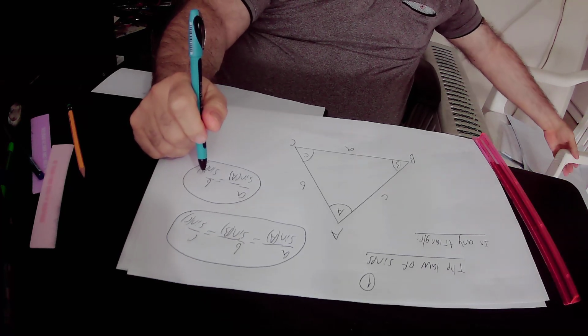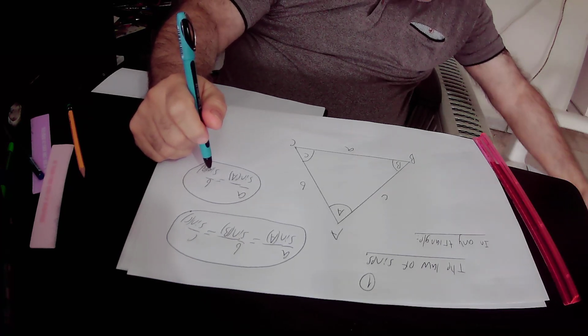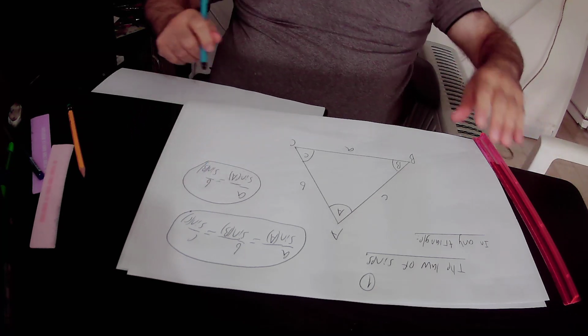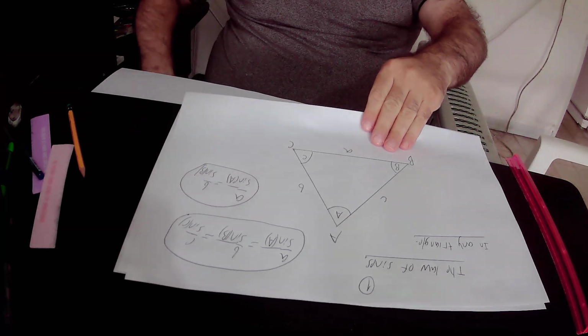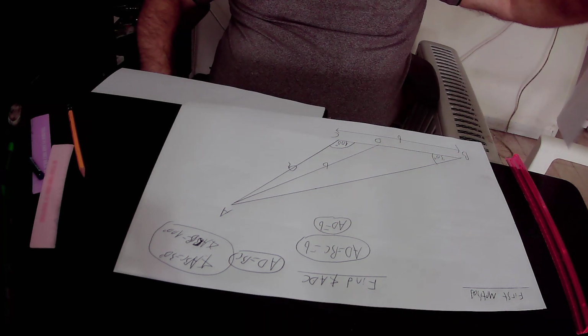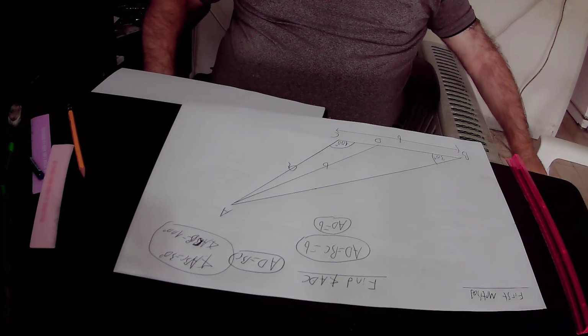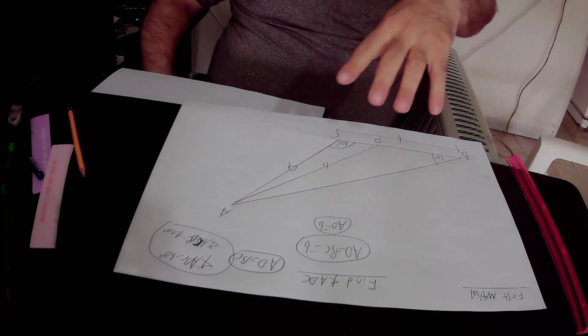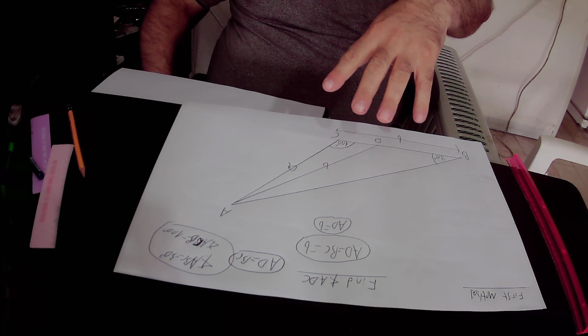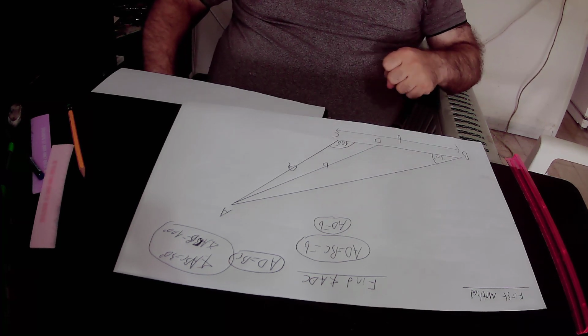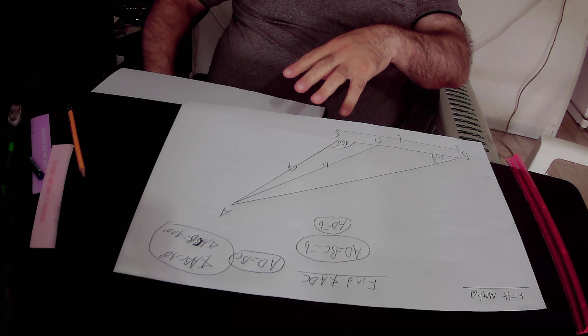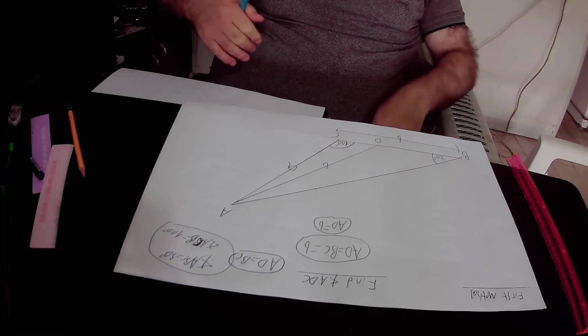So we will implement the law of sines in our drawing. First of all, I will draw triangle ABC in a new page, and we will analyze triangle ABC.